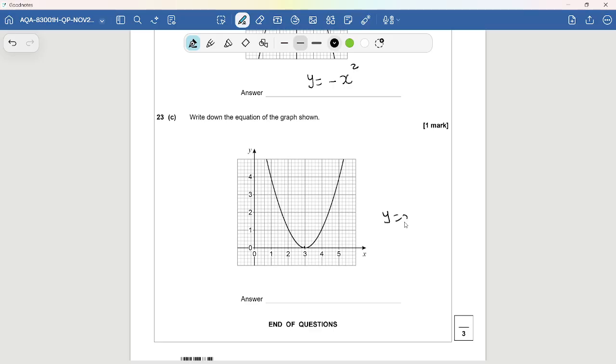From y is x square, there is a change in the x values. So for having a change on the x values, you need to do something inside to this x value here. So it has shifted 3 units towards the right, so it will be x minus 3 squared. So this is your transformed graph.